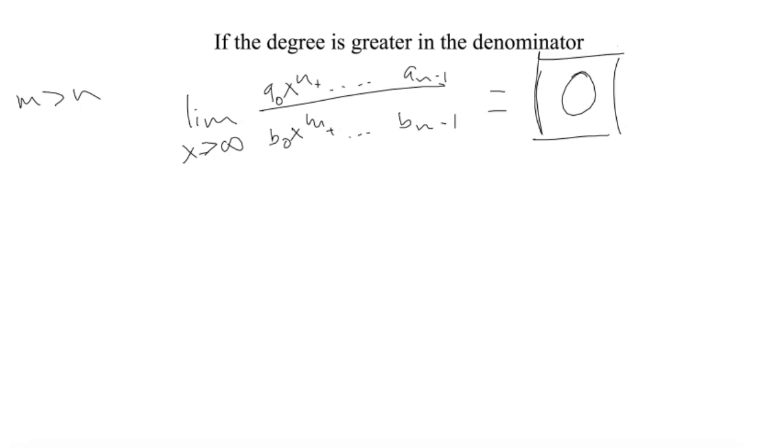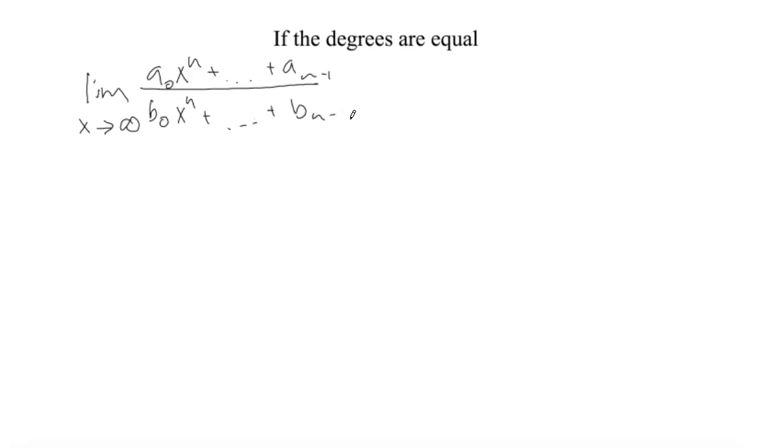Now, let us move to the final case. If the degrees are equal in the numerator and the denominator, as in the limit as x tends to infinity of a sub 0 x to the n plus all the way until plus a sub n minus 1, over b sub 0 x to the n plus dot dot dot plus b sub n minus 1, what you have left is equal to a sub 0 over b sub 0.